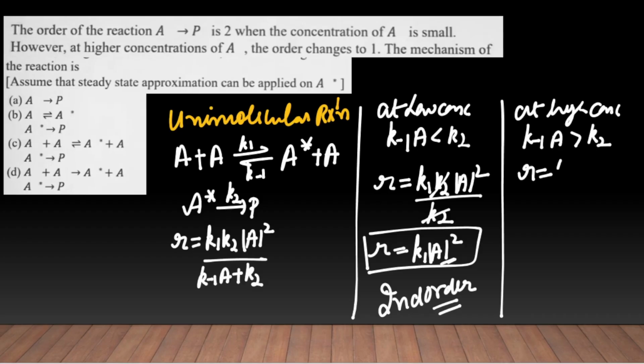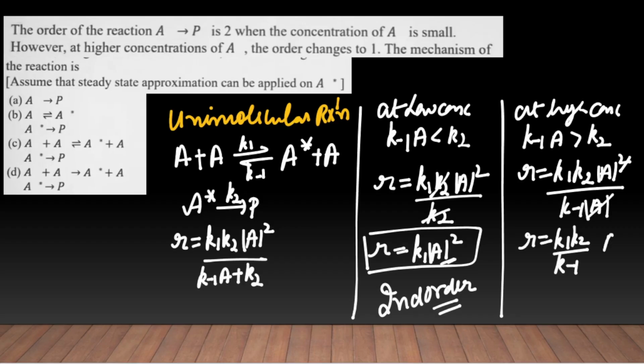So rate will be equal to K1 into K2 into A square upon K inverse of A, right? So one of the A will get cancelled out, so the rate becomes K1 into K2 upon K inverse into A. So rate is proportional to A's concentration raised to the power of 1. So R is proportional to A to the power of 1. That means it is following the first order kinetics.